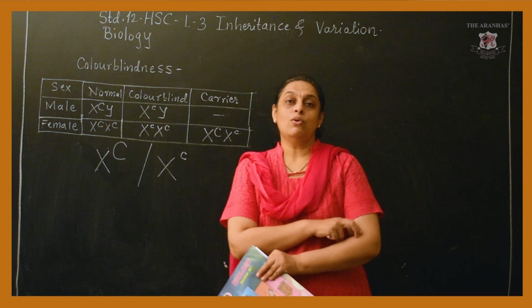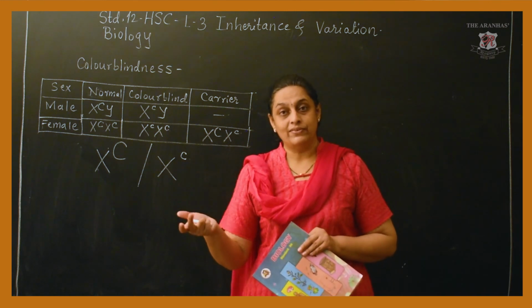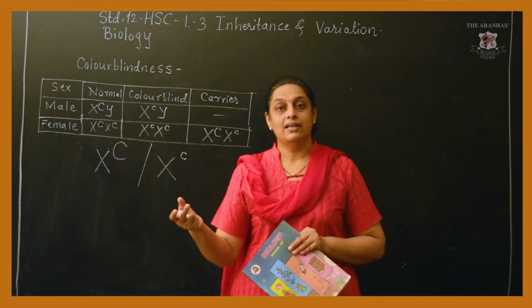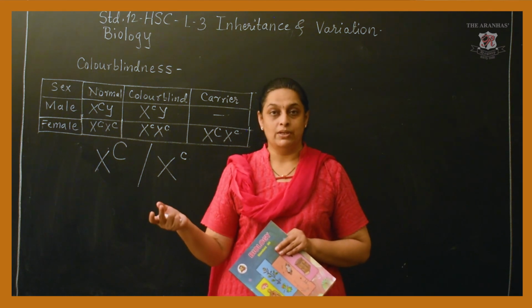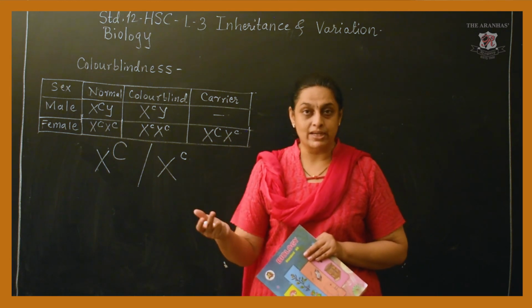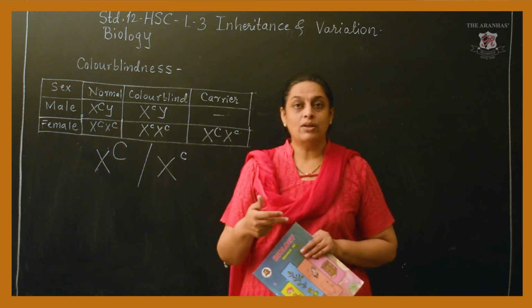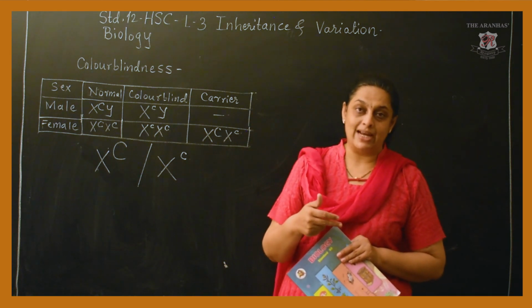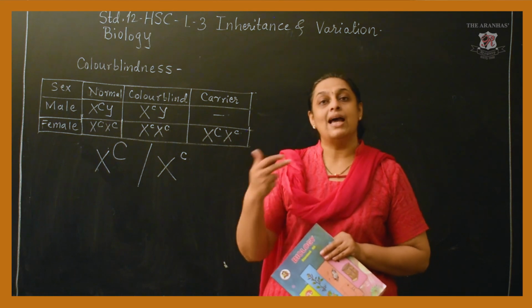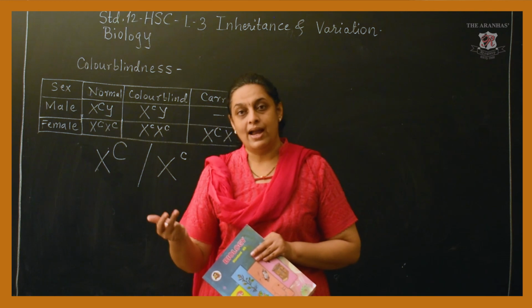Now, these non-homologous regions do not have their allele on the other chromosome, because this part being non-homologous, its meaning is the gene on the non-homologous region of X will not have its allele on Y and vice versa.